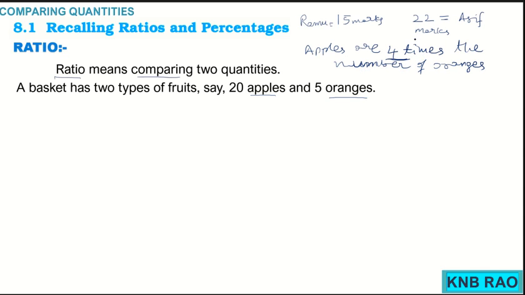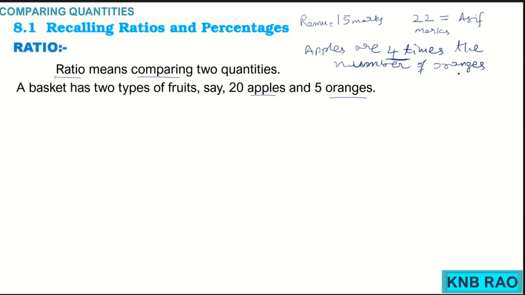In your lower classes, you have learnt comparison is done in two ways. One, comparison by using the difference. I have given the example of Ramu and Asif for the comparison of difference. And here, in this case of apples and oranges, I am comparing by using their quotient.